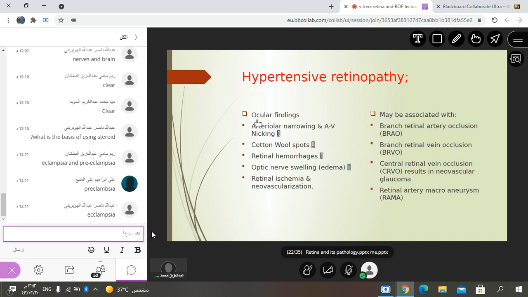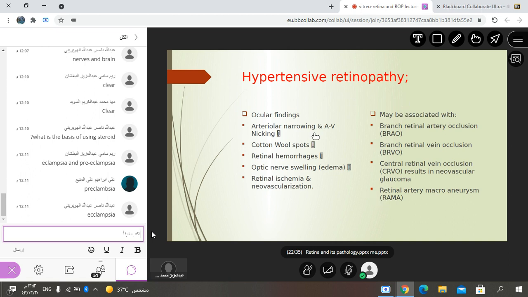Hypertensive retinopathy, ocular findings. These are the chronic findings. Optic nerve swelling, edema, this is acute, and this is a very severe hypertensive retinopathy. Retinal ischemia, neovascularization is in the later stage. But we can divide the hypertensive retinopathy into two subtypes.